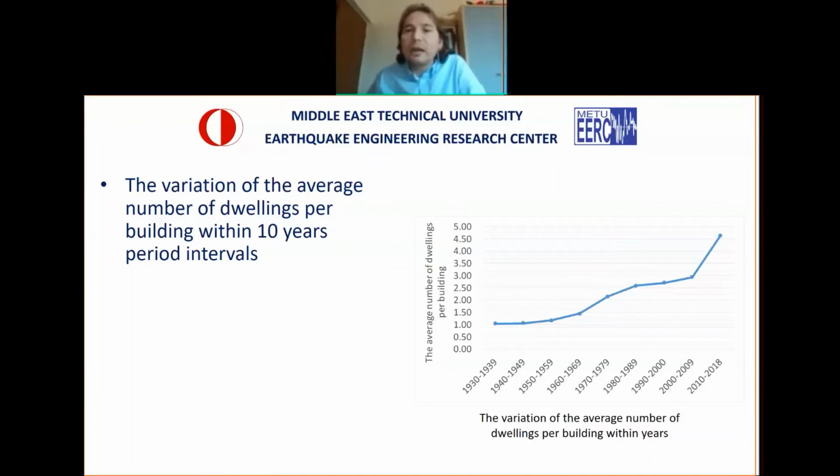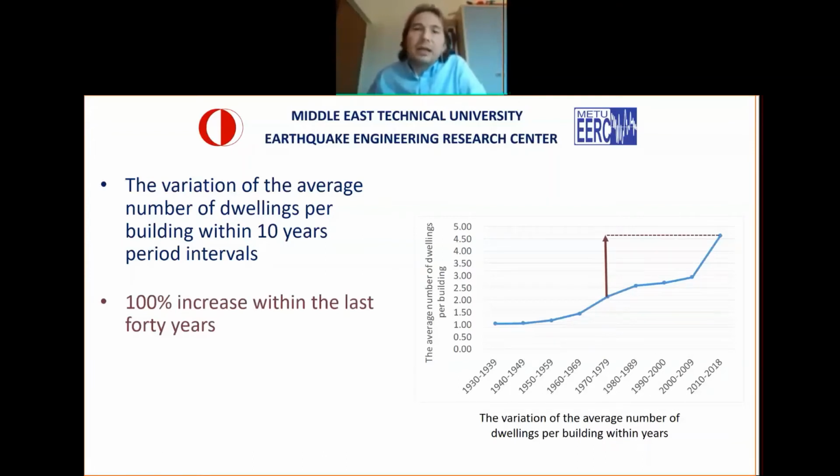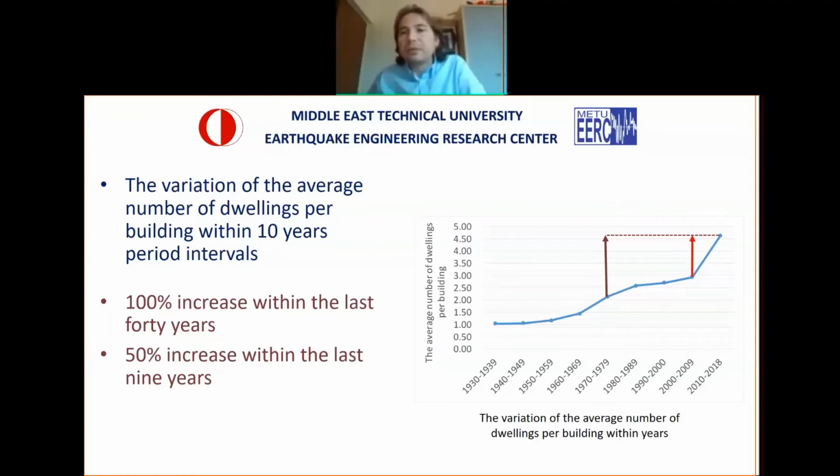The statistics show that the average dwelling number per building increased 100% within the last 40 years, and this increase is 50% within the last 9 years. So the number of stories of buildings as well as the number of dwellings is rapidly increasing in Izmir.